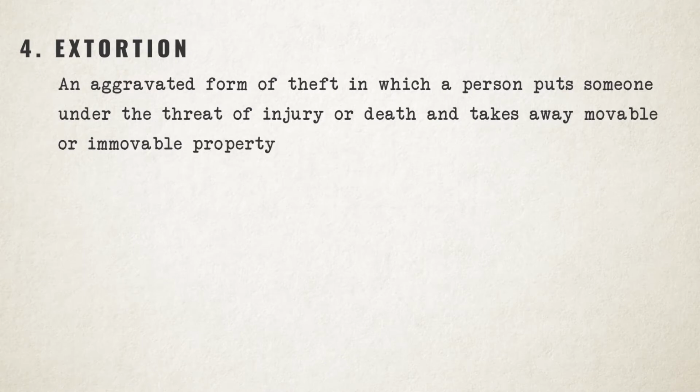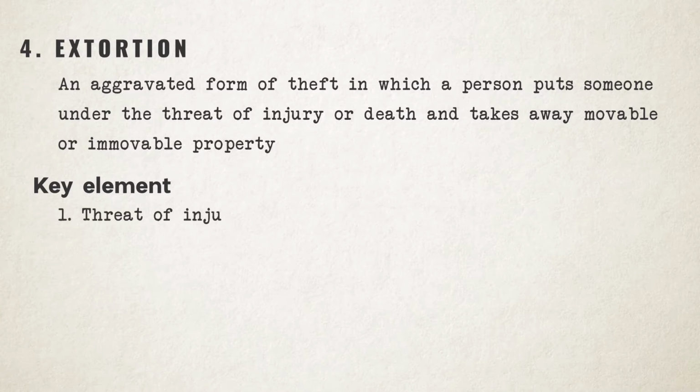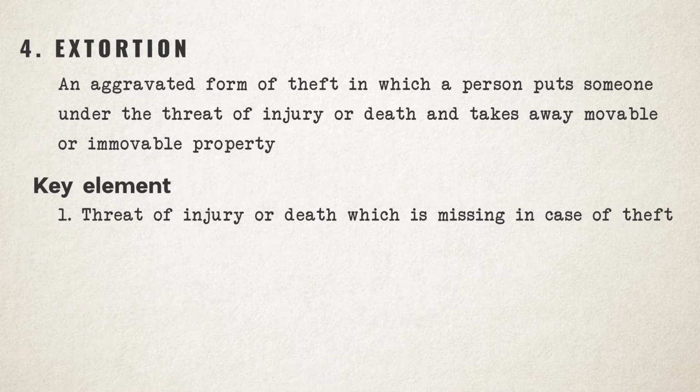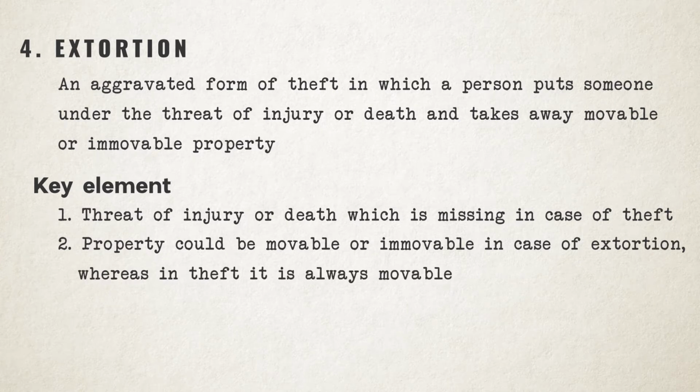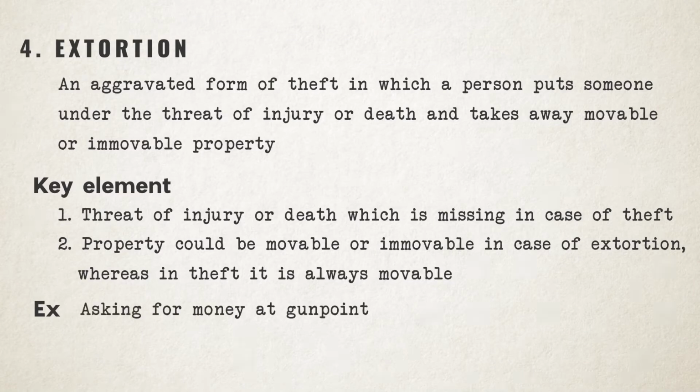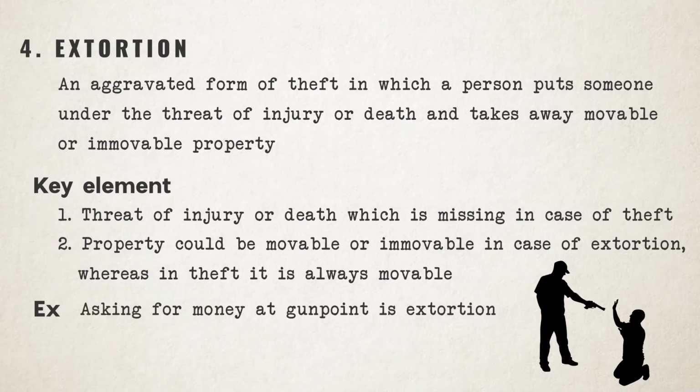The key element that differentiates extortion from theft is threat of injury or death, which is missing in case of theft. One more key difference is that extortion can also be of immovable property, whereas theft can only be of a movable property. An example of extortion would be that a person keeps you at gunpoint and takes away your property.